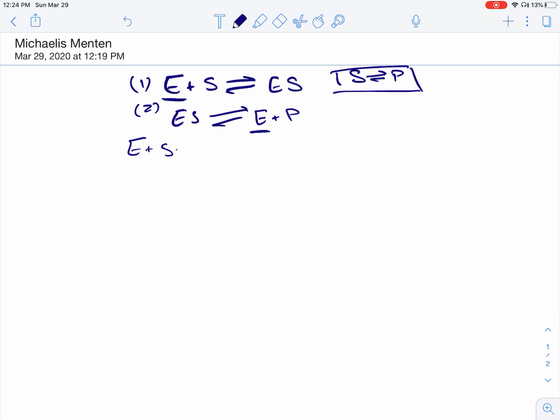E plus S goes to ES, which goes to E plus P. And then this will occur at a forward rate of K1 for the E plus S goes to ES. And then it will break down at a rate of K minus 1. And then here, the ES complex will break down at a rate of K2. And then it will form at a rate of K minus 2.